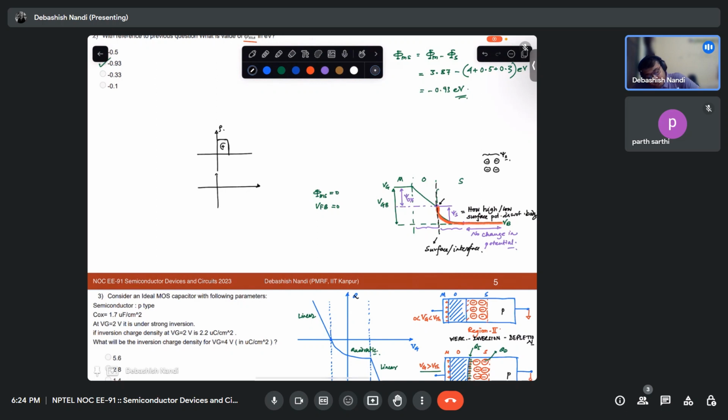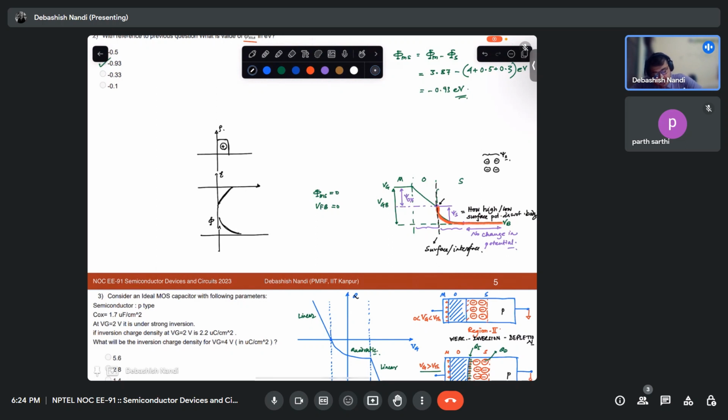If this is, say, positive, then how will my electric field look? Electric field will be one integration, right? So let's say my electric field E will be like this, and then my phi, or potential, will be something like this, quadratic.